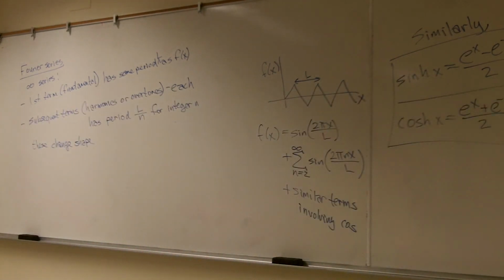Notice that the frequency, I'm going to use the terminology associated with a function of time rather than distance here, because that's pretty typical when we talk about this. Notice that the angular frequency and the period are inversely proportional to each other.